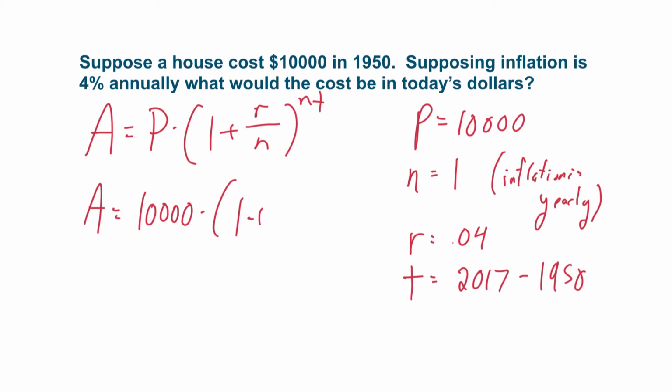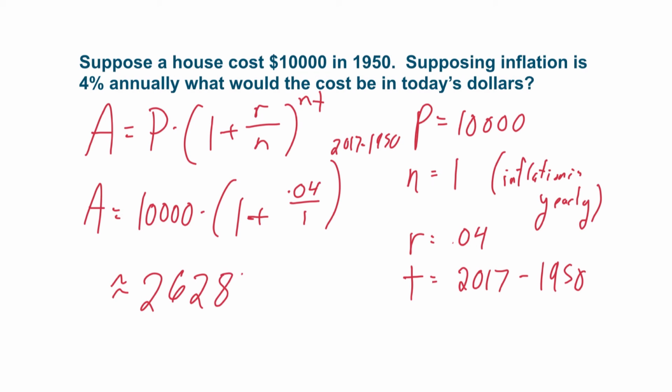And I'm just substituting everything into the formula here. And this winds up being approximately $262,834.90. So a $10,000 house went up to over $260,000 just because of inflation.